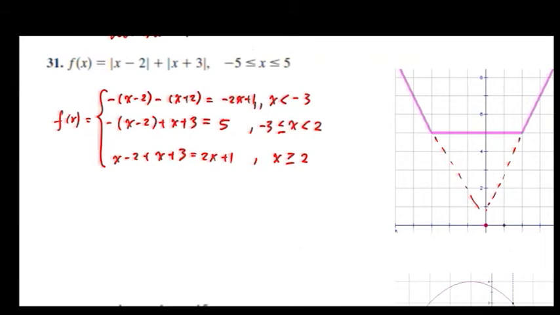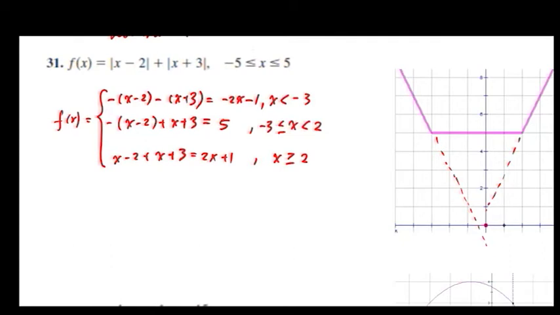Did I mean 3 here? Oh, wait, it's minus 1. This is minus 1. If I am careful about it, yeah, it goes to minus 1. You get it?